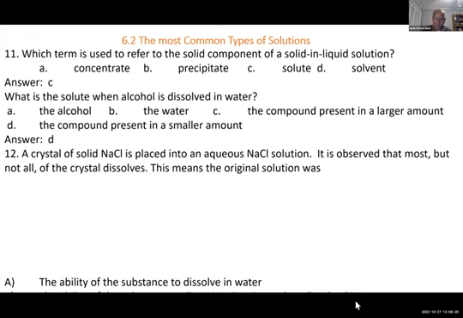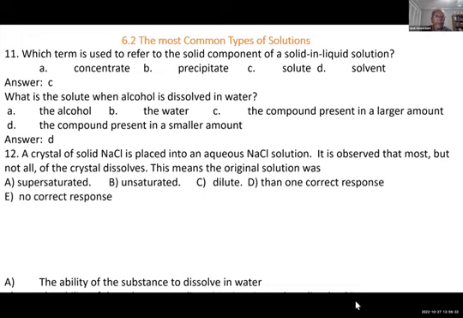That means it's a saturated solution. Unsaturated is kind of confusing. There's no choice for that. B is the only one there, correct?